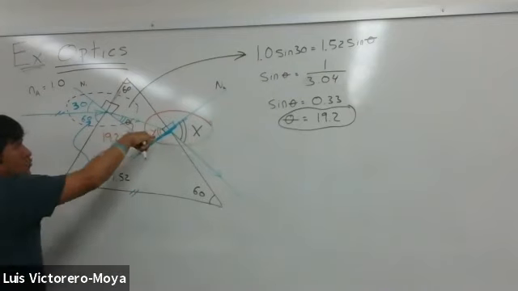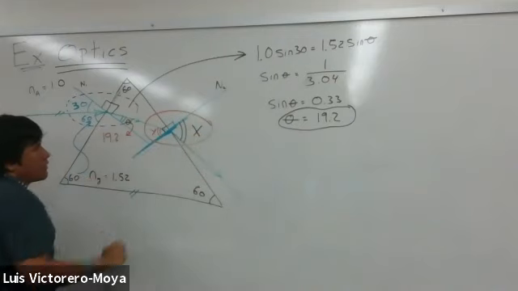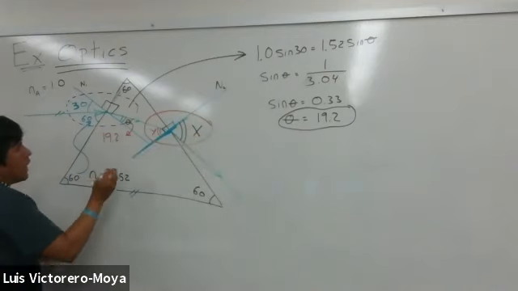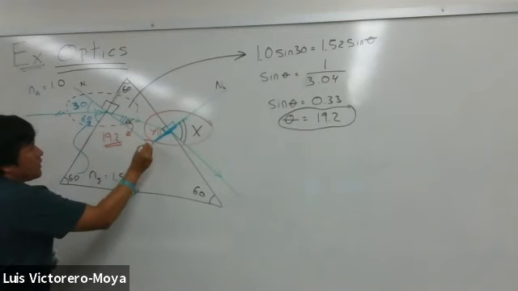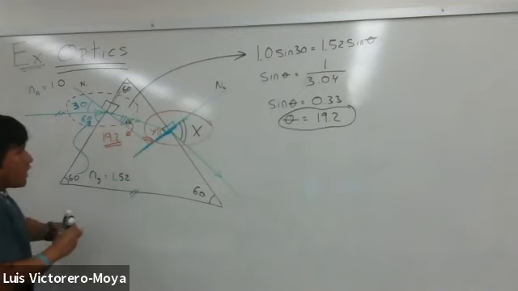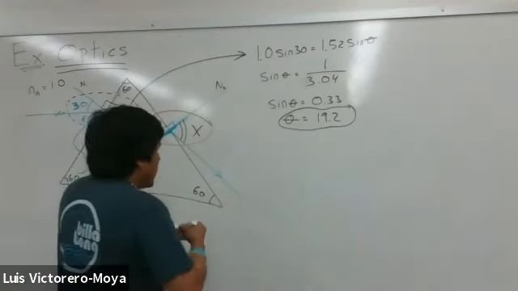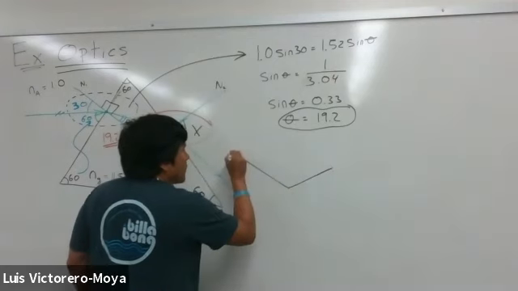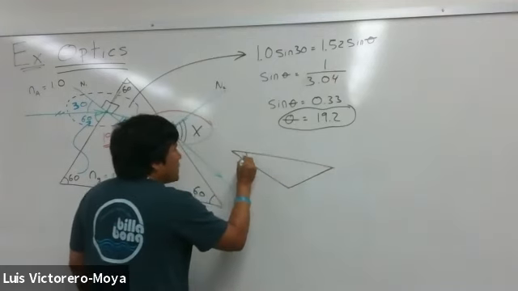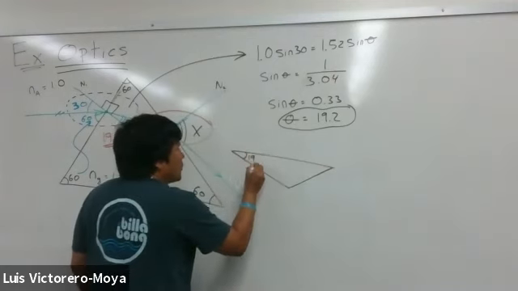N glass times sine of Y equals N of air times sine of X. I need to find angle Y using this and using this angle here. So I can zoom in into that picture and I have something like this. This is 19.2.